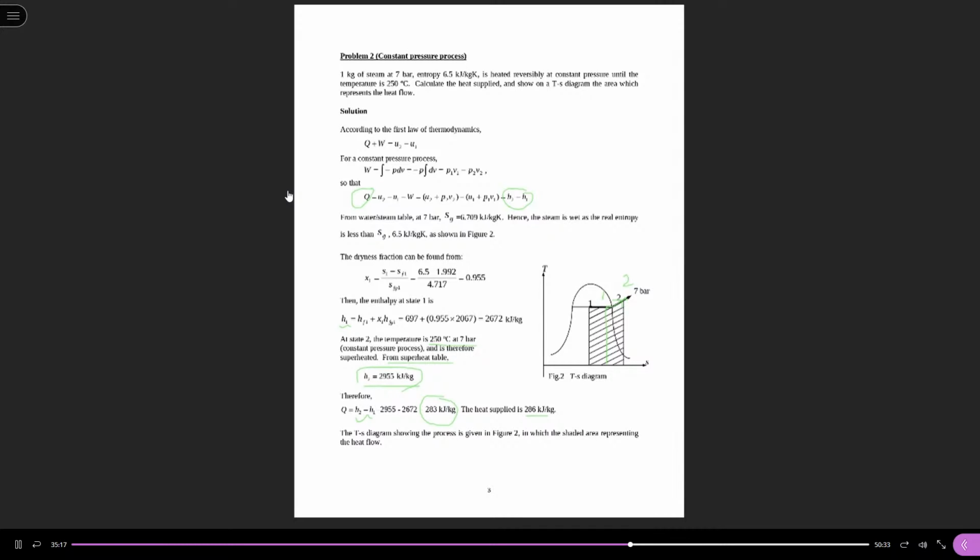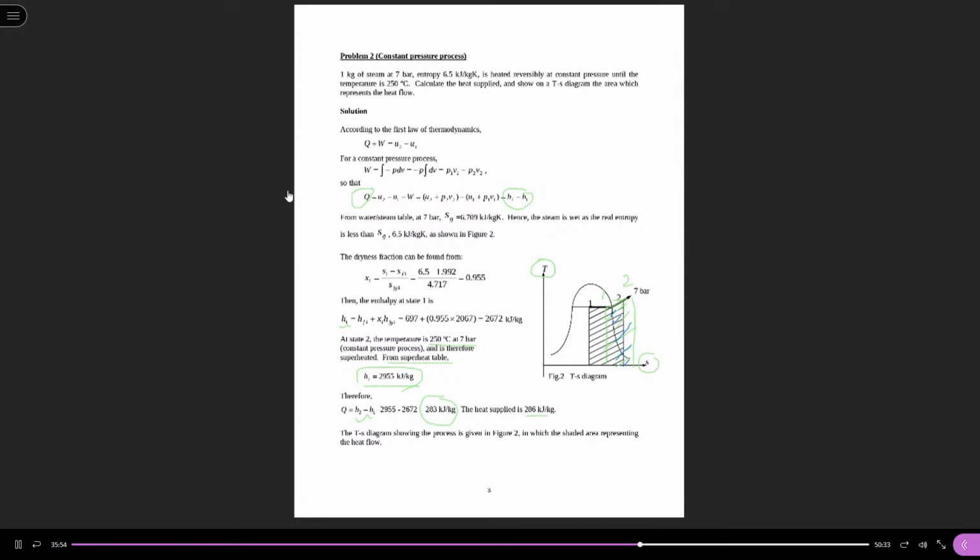So this is the answer for this question, and we can see this is the process line, the heating process, and the shaded area. Let's further understand it on the temperature-entropy diagram. For a reversible process, the shaded area under the process line is the heat flow, the heat absorption or heat rejection.